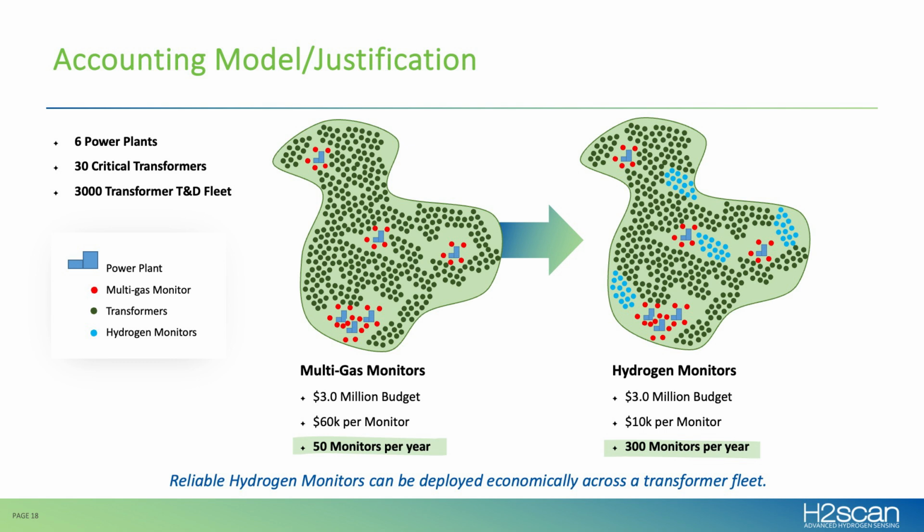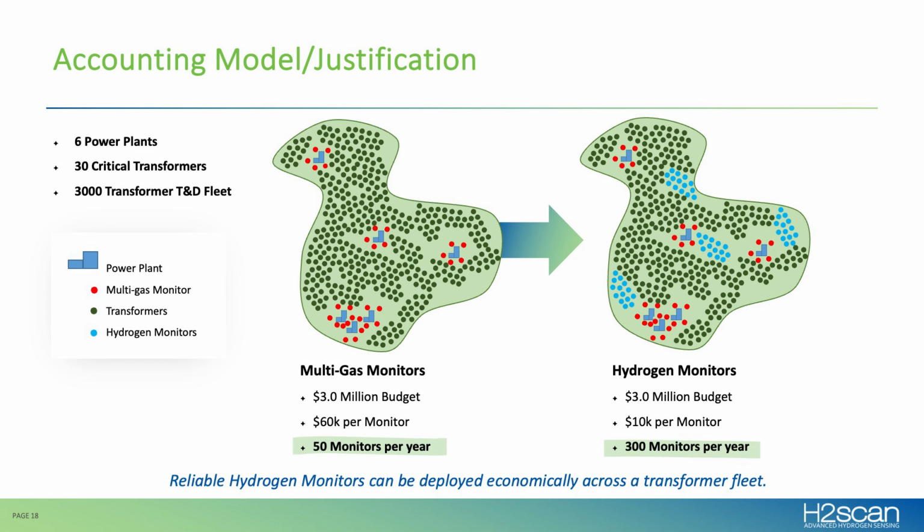And now the value of that is, again, whether you have a multi-gas or a hydrogen monitor, you're going to be taking a manual sample to confirm what the issue is. And once you have that multi-gas analysis from your manual sample, now you're able to determine, can I keep that transformer in service? So generally your action is the same whether you've got a multi-gas or a hydrogen monitor installed.